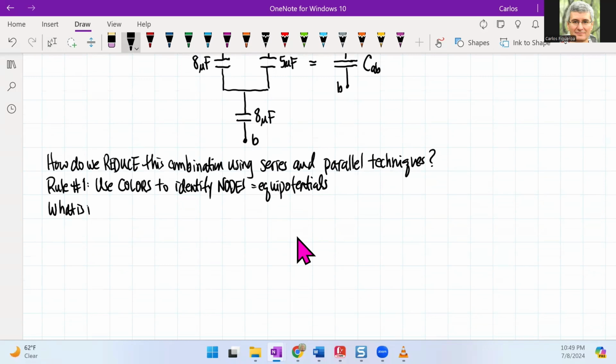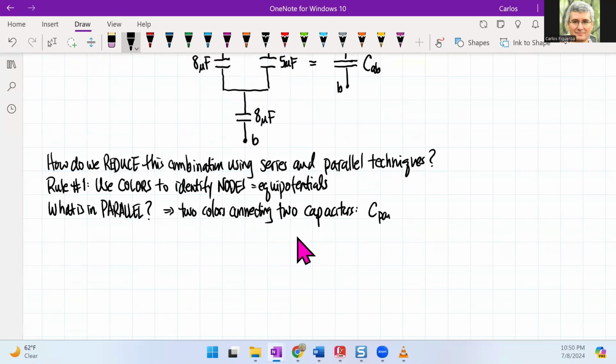What is in parallel? If it's in parallel, then that means there are two colors connecting two capacitors. If that's the case, then we know that C parallel is just the combination of C1 plus C2.